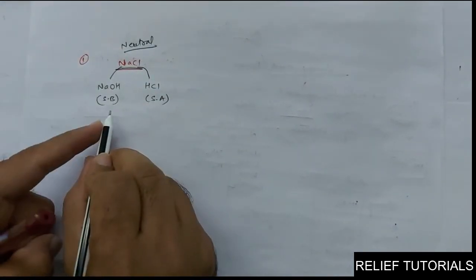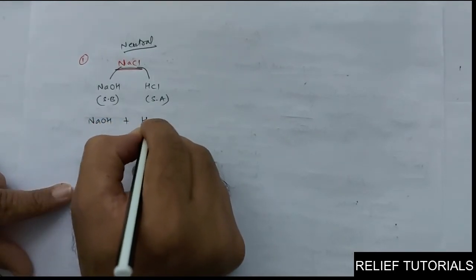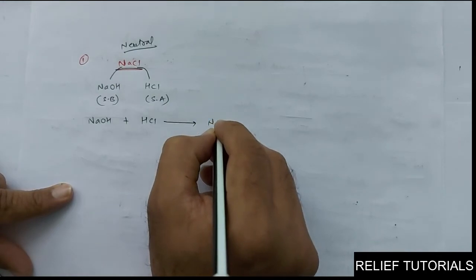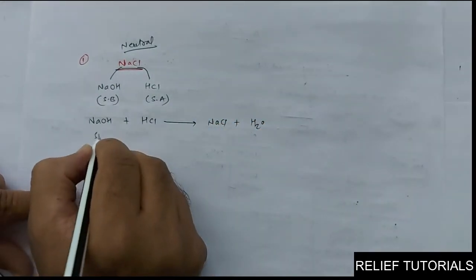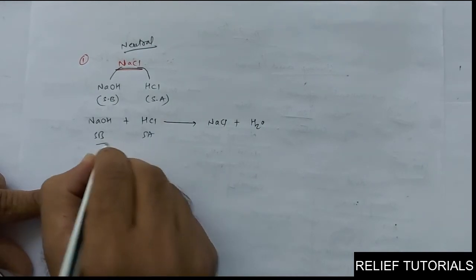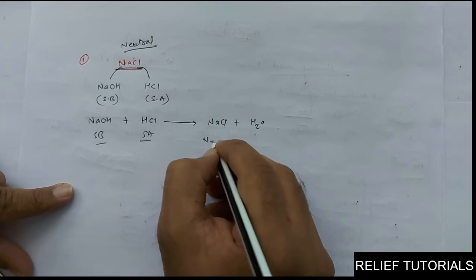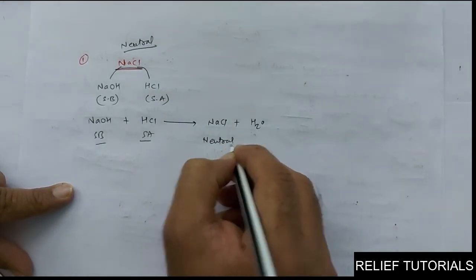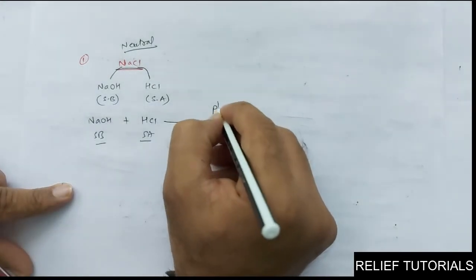When they react, we know the reaction: NaOH plus HCl gives NaCl plus water. This is a strong base and this is a strong acid, so both destroy the properties of each other and give you a totally neutral salt. And if this salt is neutral, what about its pH?